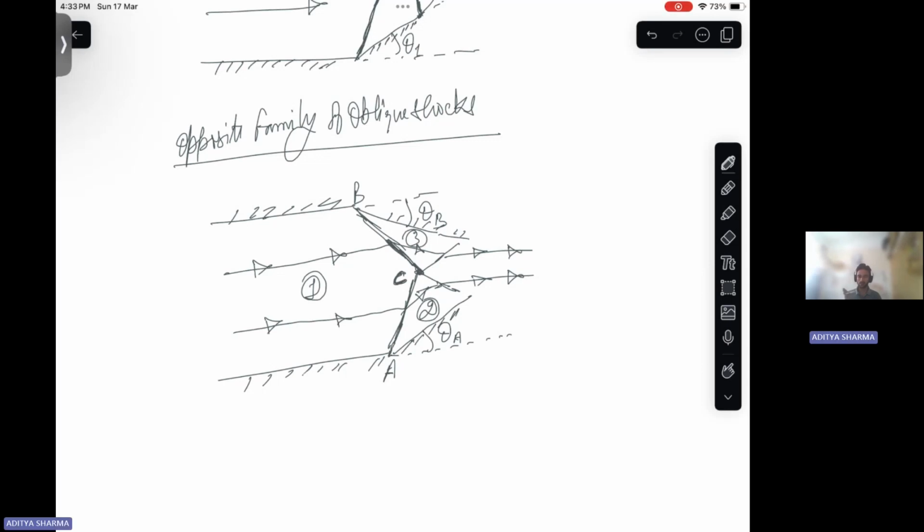It cannot move in two directions, right? But because these are two different oblique shocks, there are some differences in these two flows, right? So what difference is there in these two flows from two different oblique shocks is that though the direction of the velocity will be the same, right?